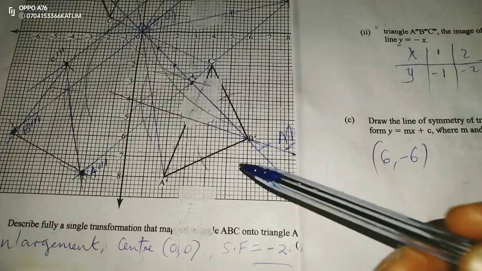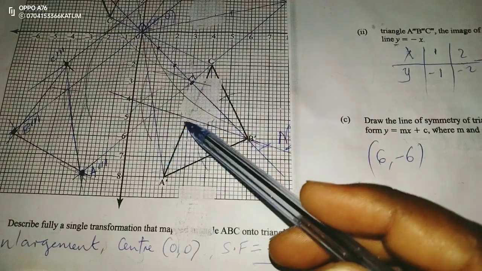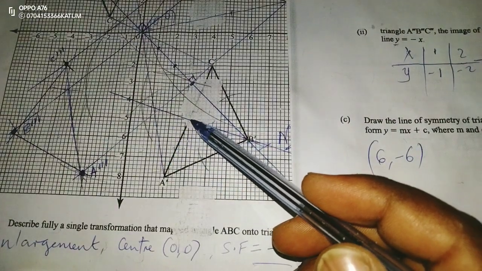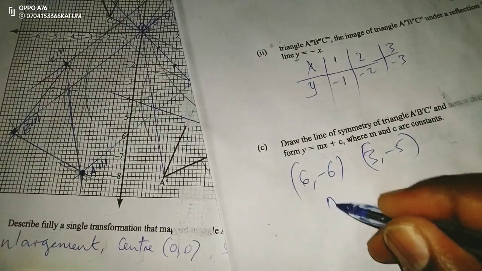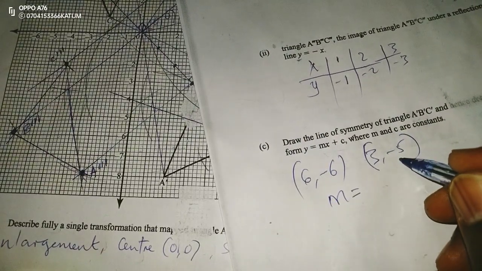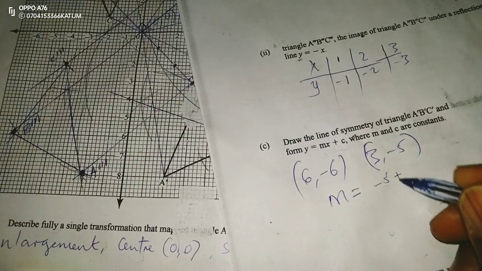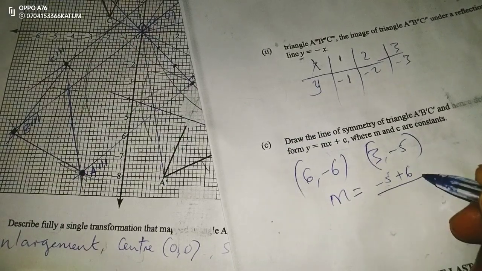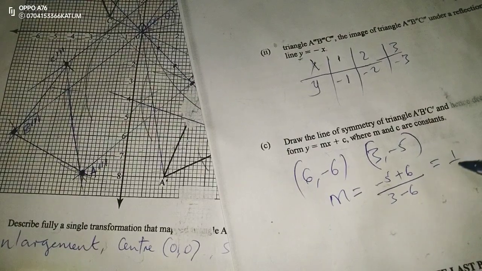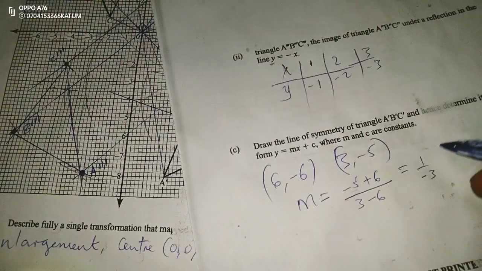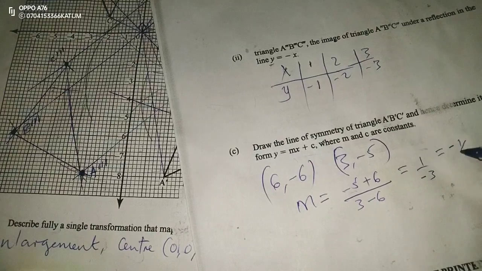Then another coordinate along the same line is a coordinate like (3, -5). So we can first get the gradient: change in y, -5 minus -6, which makes it a positive, divided by 3 minus 6. So this is going to be positive 1 over -3, which is -1/3.